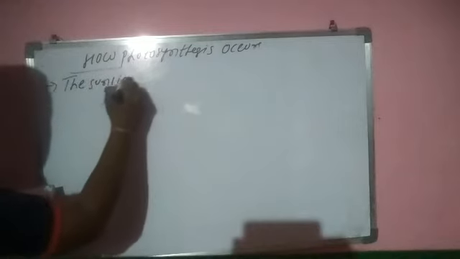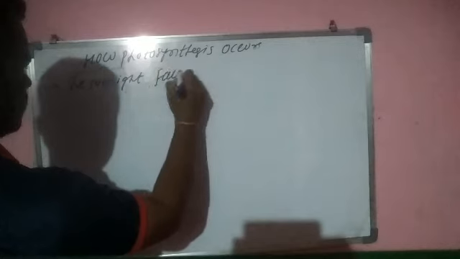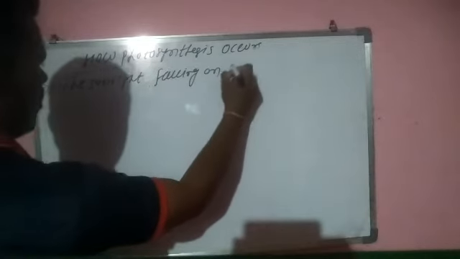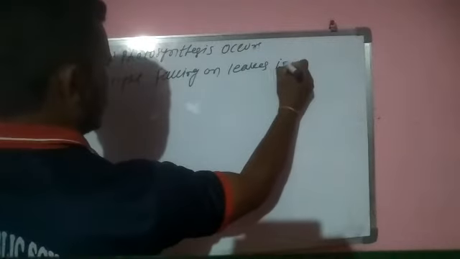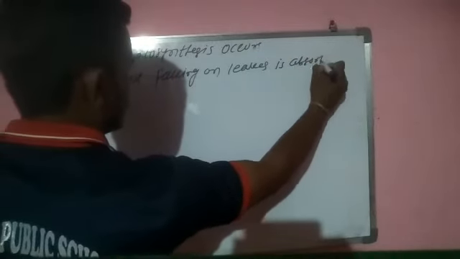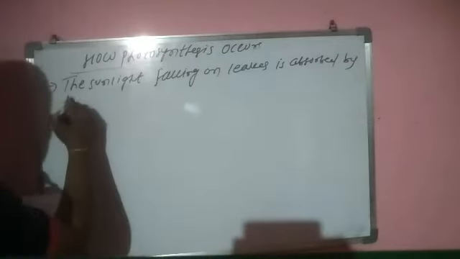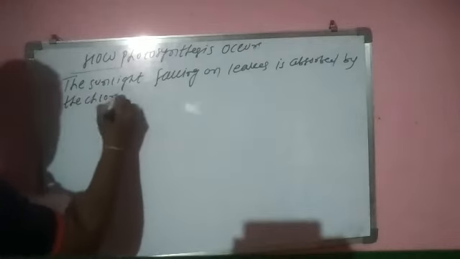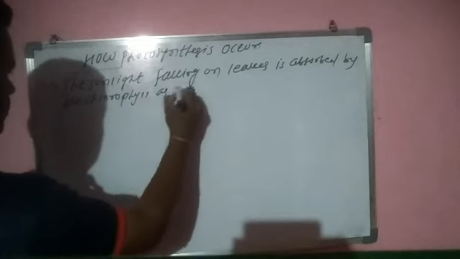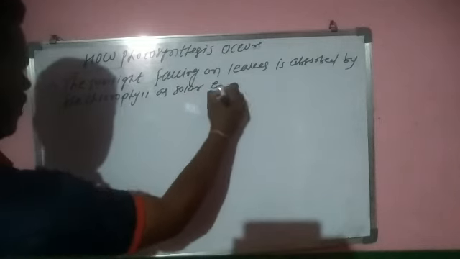The sunlight, first point. The sunlight falling on leaves is absorbed by the chlorophyll as solar energy.